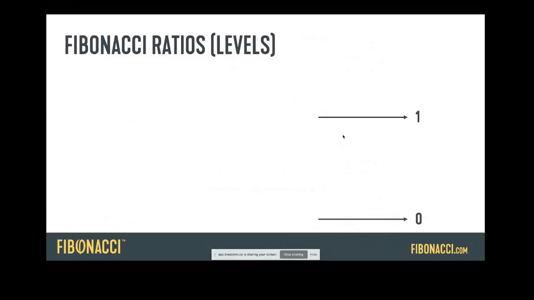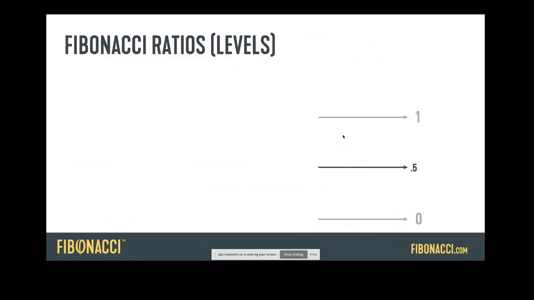We would plot those horizontally on a line, and they can be as narrow or as wide as you want. You're going to see as I go into the application of this that 1 is always applied at the peak and 0 always applied at the trough of whatever high and low you're looking to analyze. And you'll see that in just a minute.